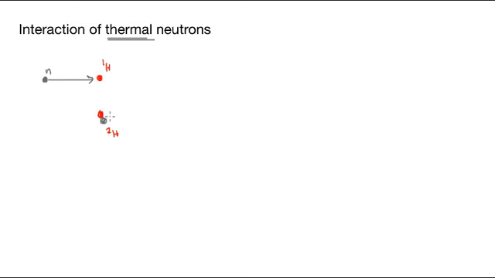Now there's some energy left over after this interaction because the binding energy of deuterium is less than the binding energy of the components that started out. So you've got some energy to put into the reaction. And that energy comes out in the form of a little bit of energy to the deuterium and most of it going into making a photon. So that's one of the ways that thermal neutrons can interact.